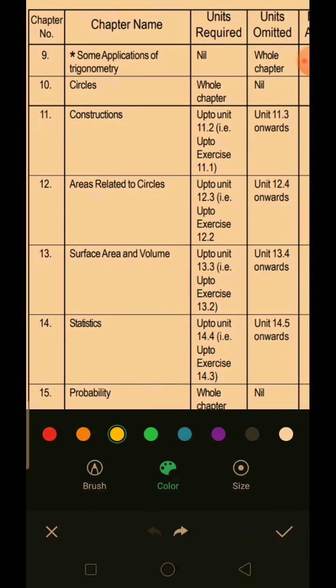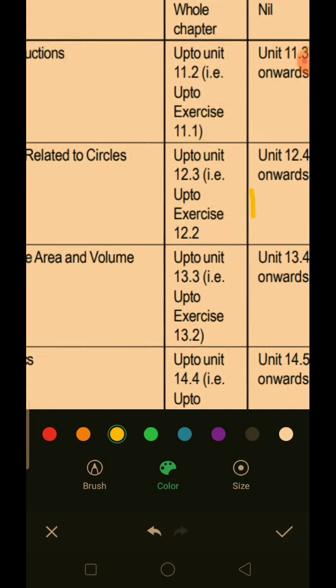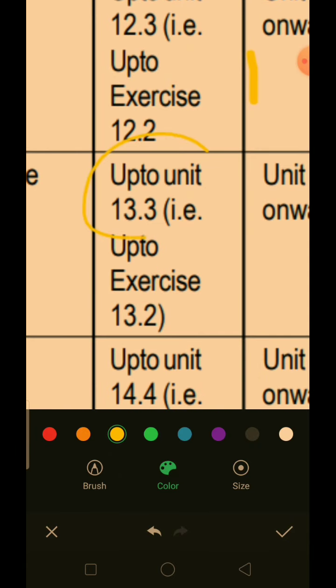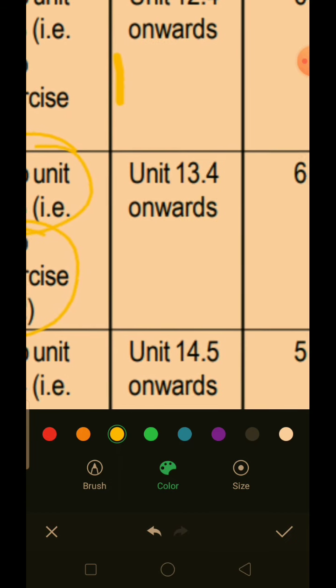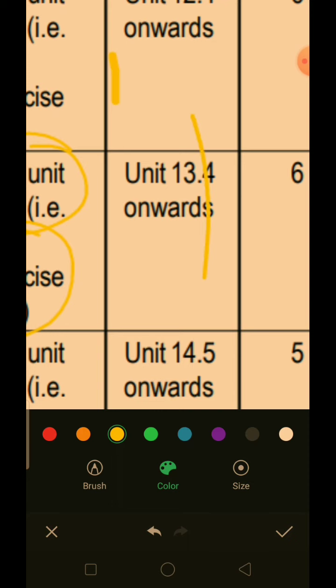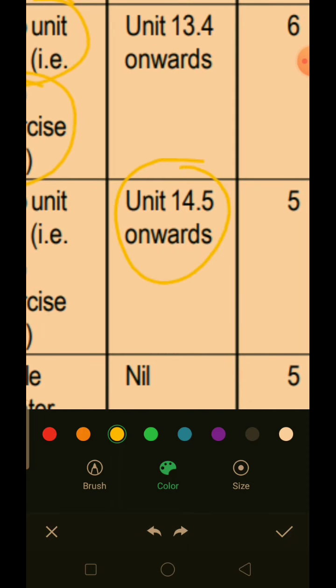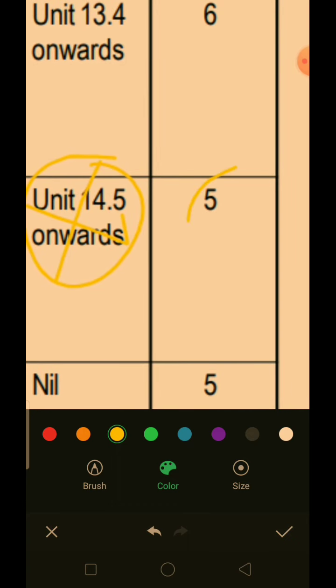Then surface areas and volumes. In this solid geometry, you have to study only up to unit 13.3, and you have only 2 exercises, 13.1 and 13.2. Unit 13.5 onwards is out, and it carries 5 marks.